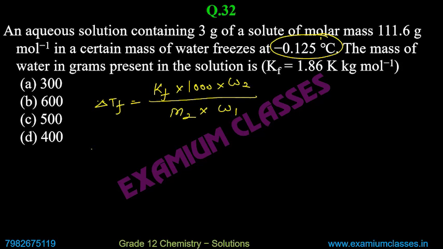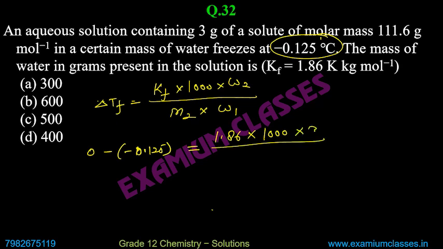Okay. So 0 minus 0.125 equals to KF 1.86 into 1000 into W2 is given 3 grams divided by M2 is given 111.6 grams per mole into W1.